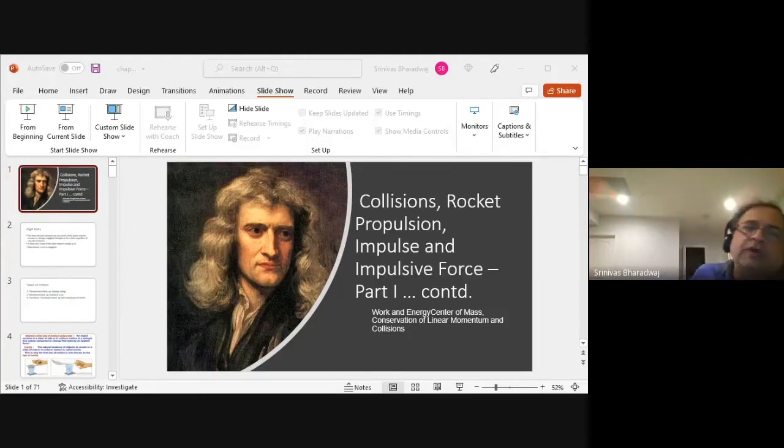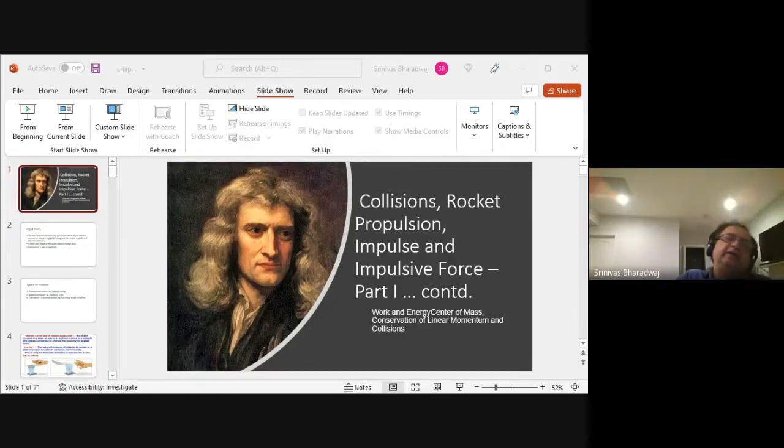Now, the total kinetic energy of a two particle system relative to the center of mass can also be derived. This one we've already derived, right? So now the total KE equals half times m times VCM square, right? So the KE of M1 is half times M1 times VCM square, the KE of M2 is this.